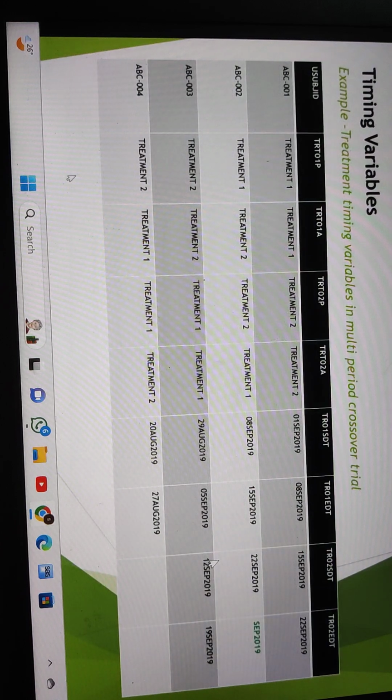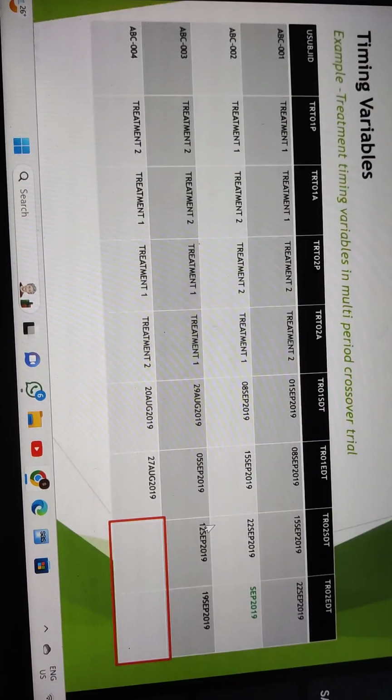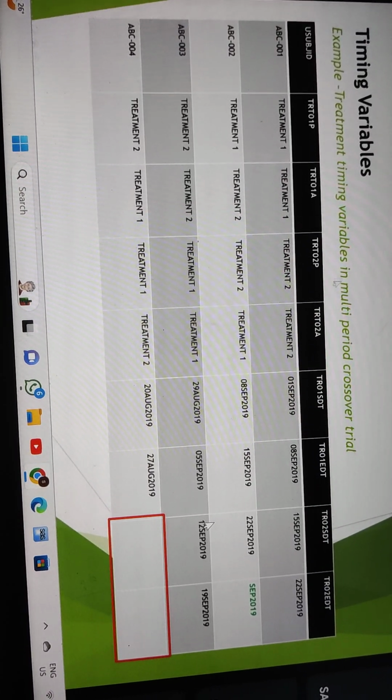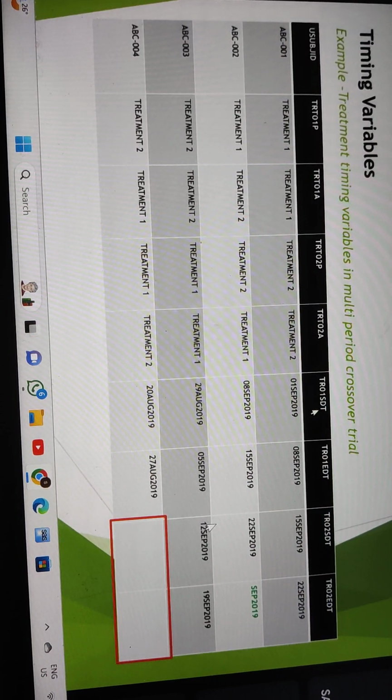If you can see this example, the treatment timing variable is for a multi-period crossover trial. You can see TRT01P, TRT01A, TRT02P, TRT02A, TRT01SDT, TRT01EDT, TRT02SDT, TRT02EDT. We have 2 treatments, the corresponding actual and planned variables, and the corresponding start and end date variables.